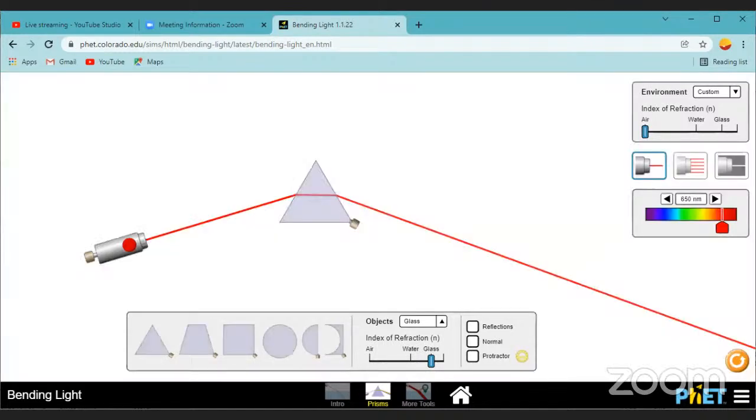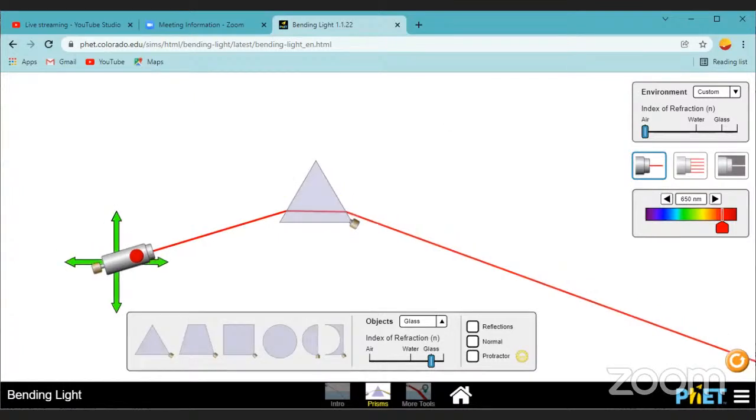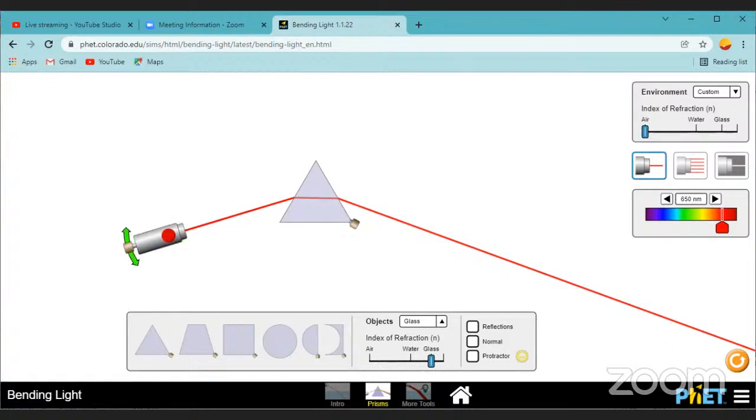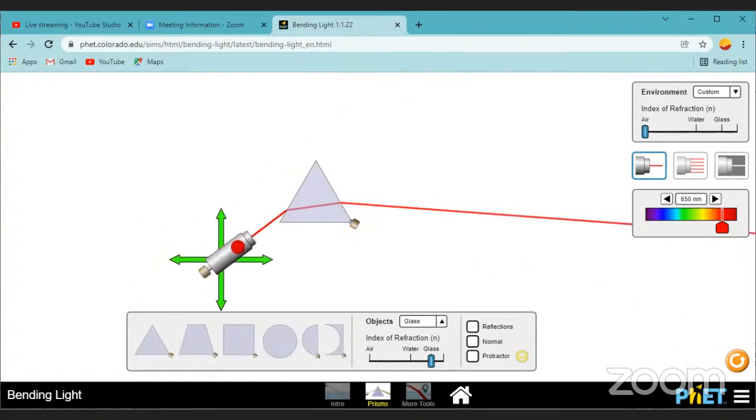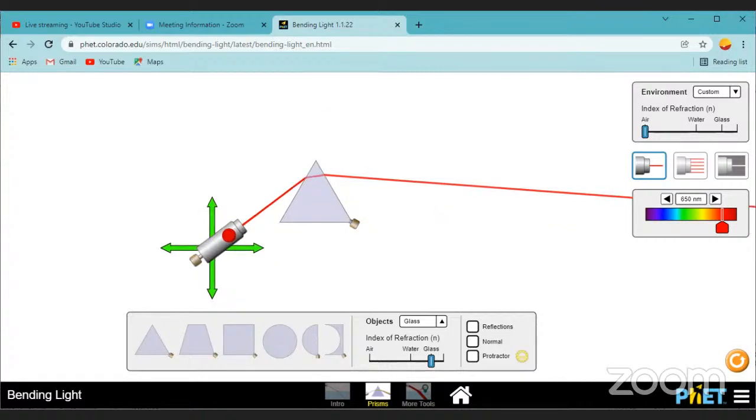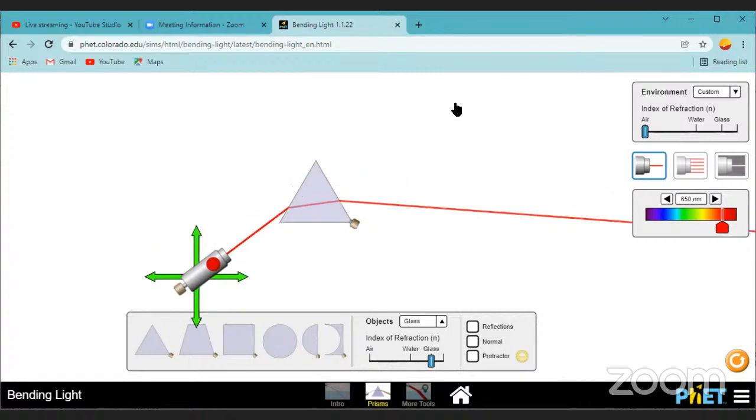Next thing. This is the base of the prism. Look at here. Now I'm going to increase the incident angle.